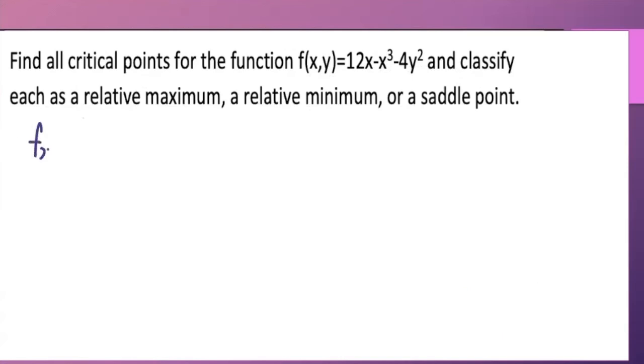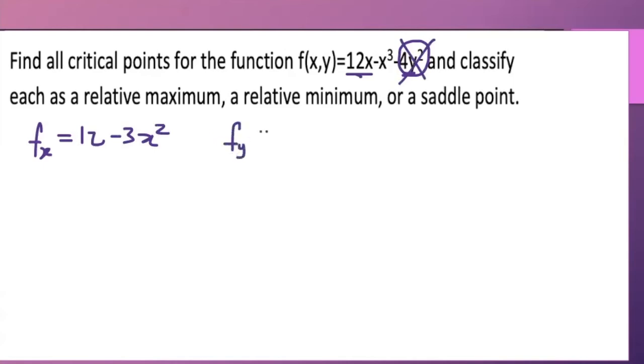So I need to find the derivative with respect to x. I will differentiate 12x to get 12. I will differentiate minus x cubed to get minus 3x squared. And because the last term doesn't have a variable x, it is like a constant, so it will become 0, so I will not write it.